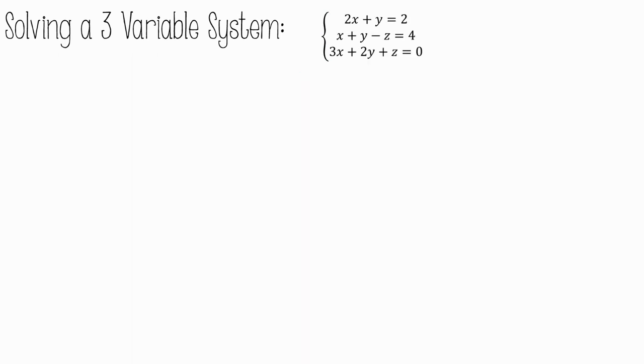All right. Now, sometimes you'll come across equations where one of the variables is missing, and that's okay. Again, you're going to follow those same steps where you choose one variable to eliminate.